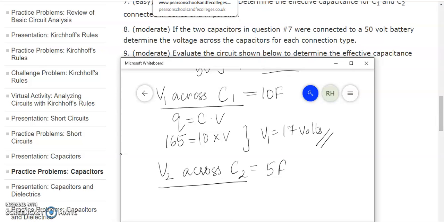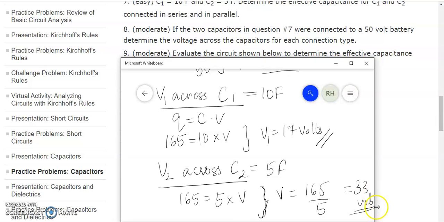Again the same formula, so Q is the same, 165, and then C2 is 5 farads, and you don't know the voltage. So now you keep the voltage as the subject, and then you find out your answer. So it's going to be 33 volts. So that's your V2.